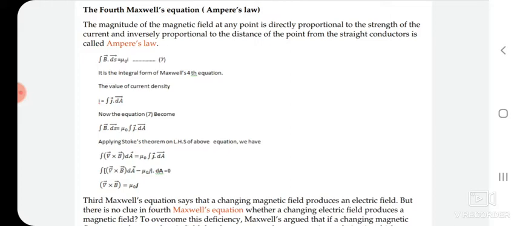Therefore, the surface integral of the electric field over a closed surface is equal to q by epsilon naught.